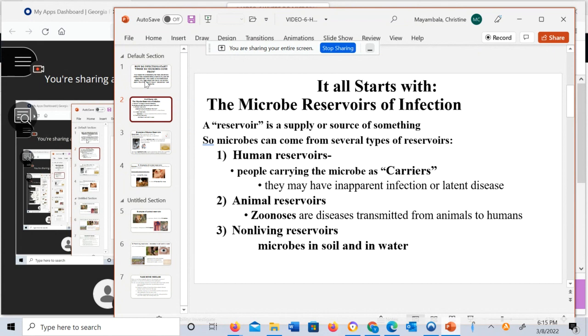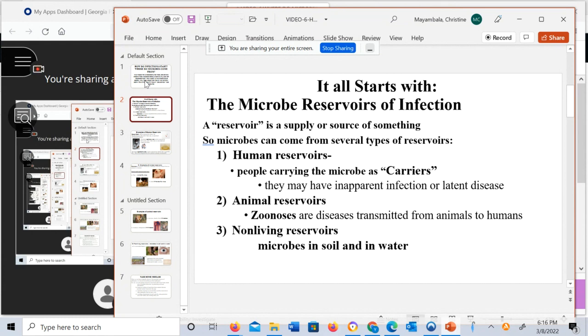We call it a water reservoir. Well, it's kind of the same with microbes. There are different areas where these organisms naturally call home, they naturally reside. But if they leave their natural reservoir, their natural source, and enter our body, then they become pathogenic and they cause all kinds of problems.